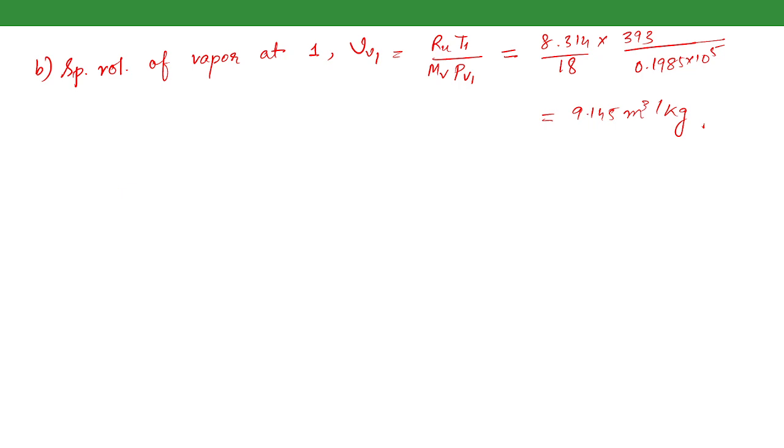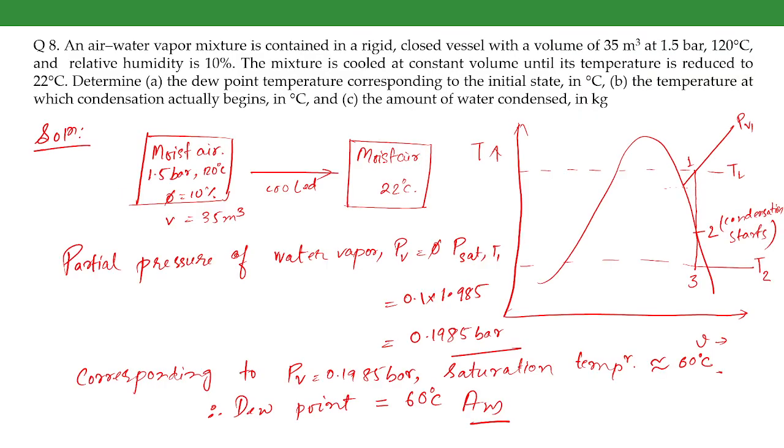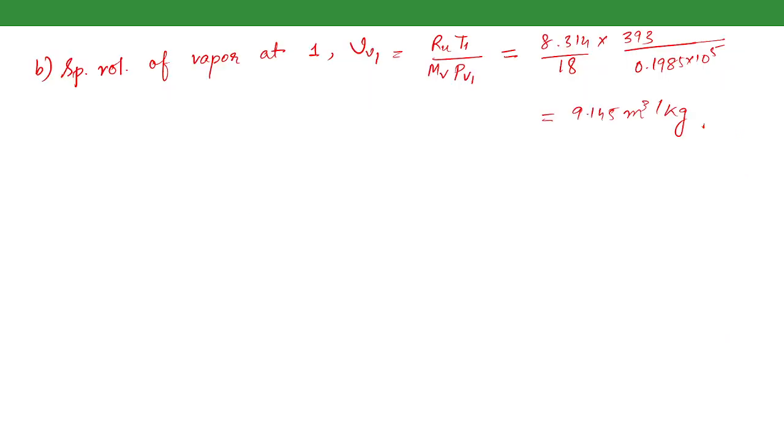And since it is a rigid tank, the total mass of water will remain the same, and the volume is the same, so the specific volume will remain the same.